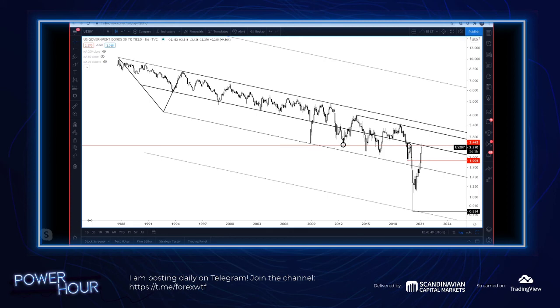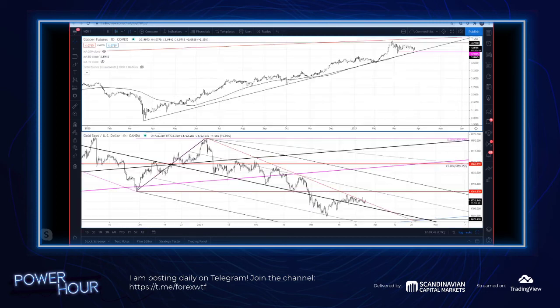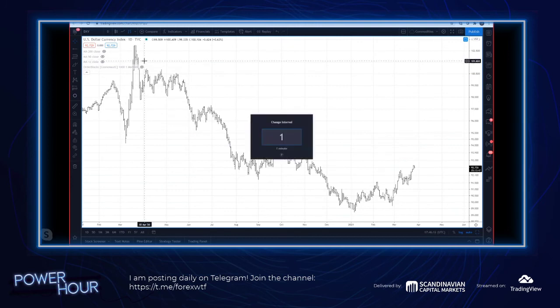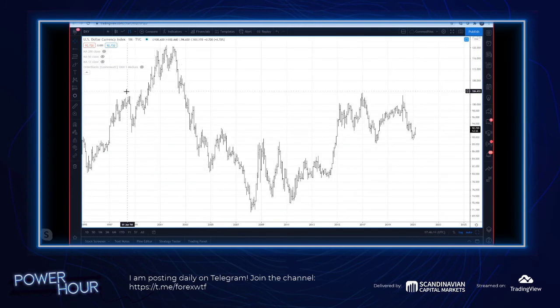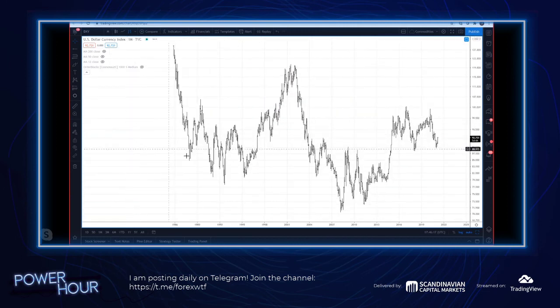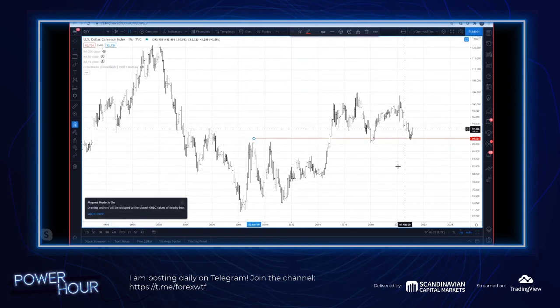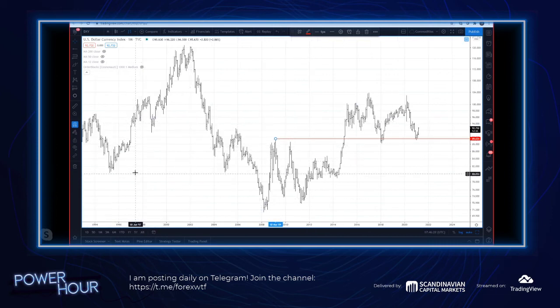Here's another question. I expect DXY to have reached resistance zone on the monthly chart. Do you agree? Well, on the monthly chart, let's see here. Here's a monthly chart of DXY. I would say that DXY reached support a couple months ago on the monthly chart.